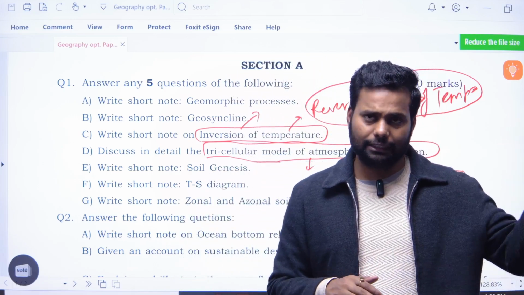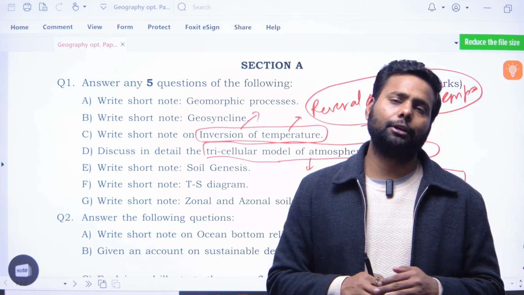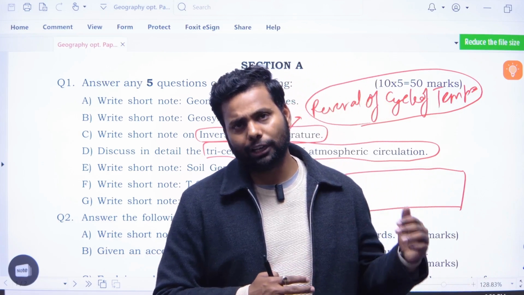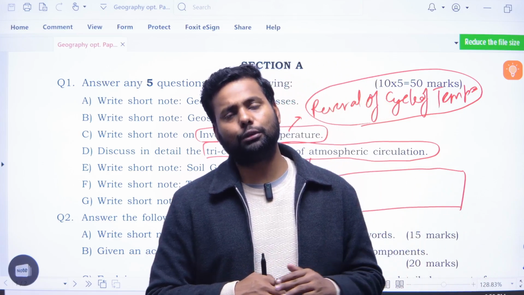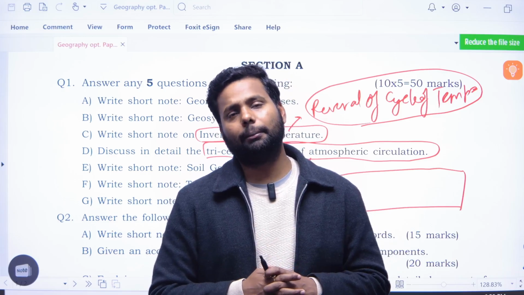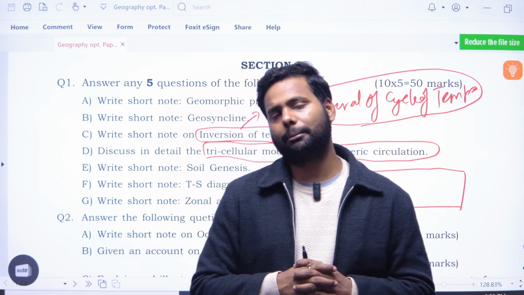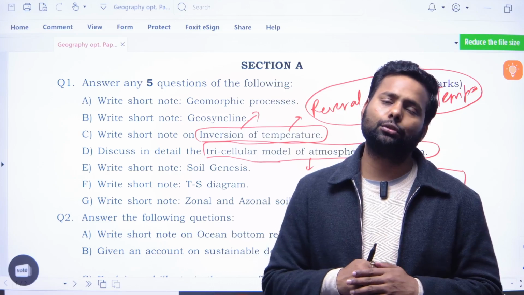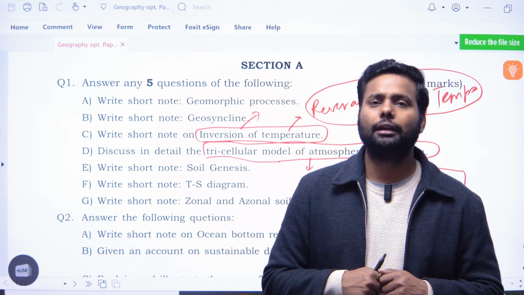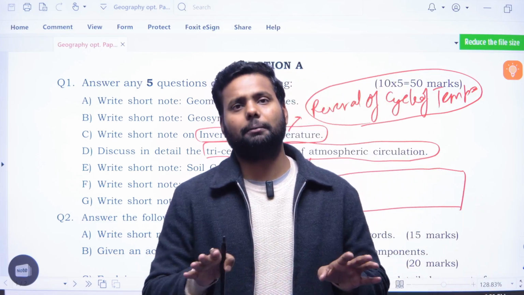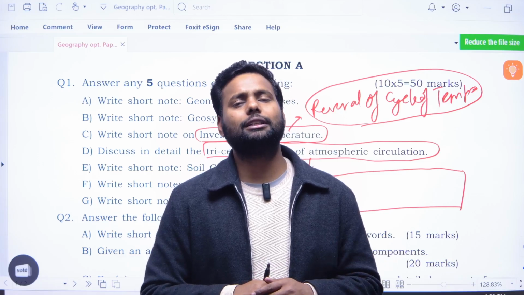And similarly in the polar region, because the slantiness of the sun increases towards the polar region, the amount of insolation goes on decreasing, and it is the condition of solar minima. So when the earth's surface gets colder, the air over it also gets colder, and because of this the air settles down near the earth's surface.